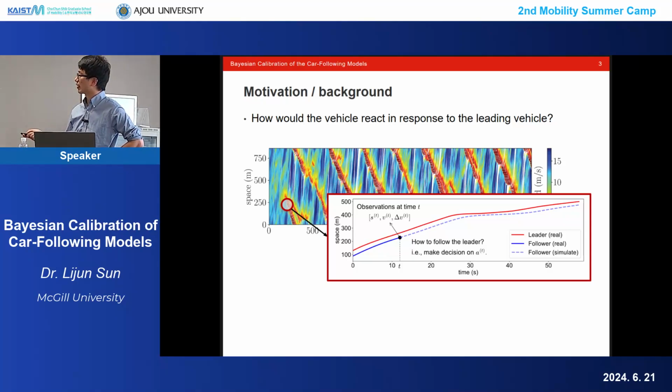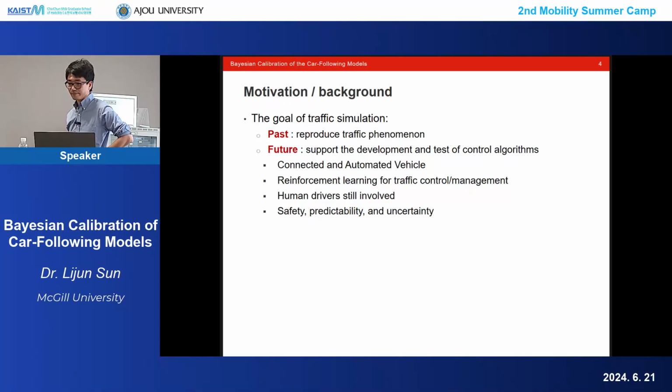And if I compare the speed of the two vehicles at the same time, we have delta V, which is the speed difference between the two cars. The idea of the car-following model is to estimate or predict what speed or acceleration the blue car should take at this instantaneous time point.